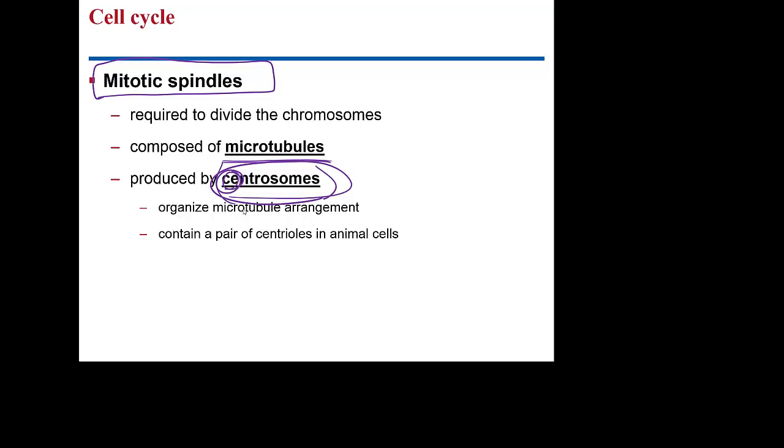There are many of them: chromosomes, chromatin, chromatid, centrosomes, centromeres. You're going to need to make yourself a list to kind of give yourself definitions for what is going on. These mitotic spindles are required. They're actually going to be the movers of the chromosome.